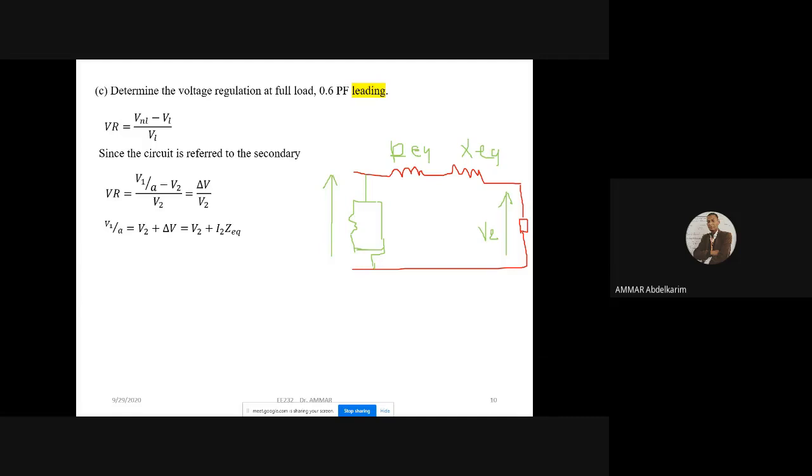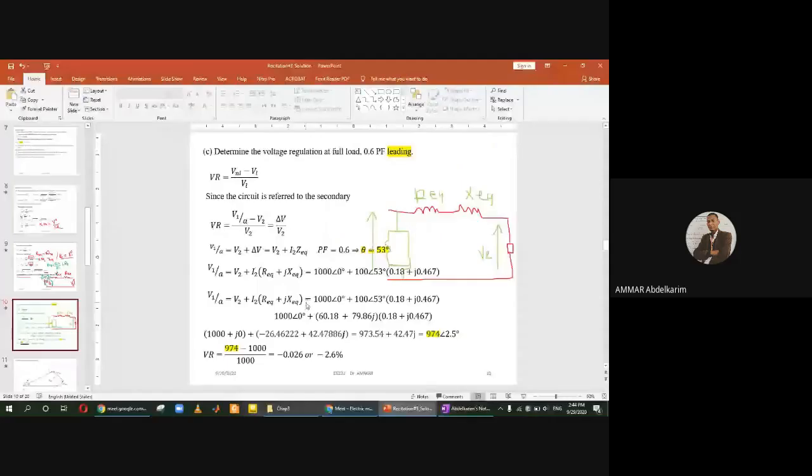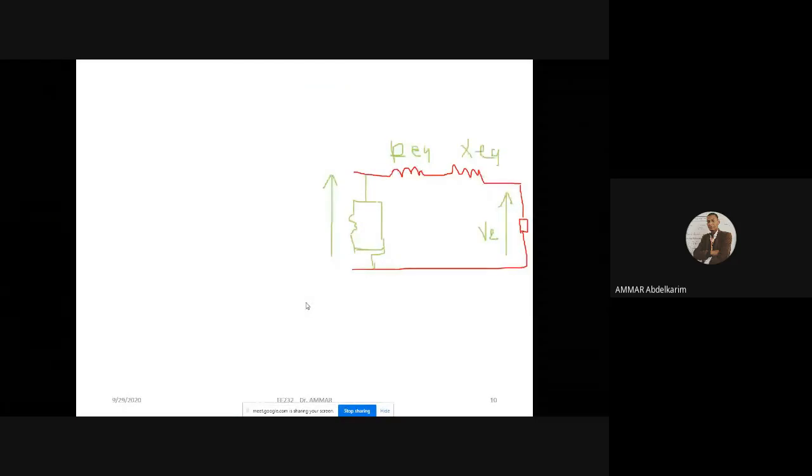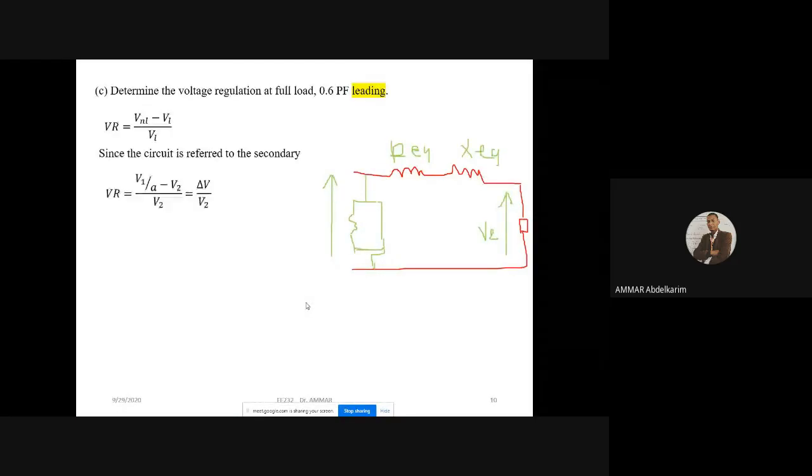Their expressions may change, but here we don't need R1 or R2. Generally, in most problems, we work with R equivalent and X equivalent, and not with R1 and R2, unless they ask you for them.